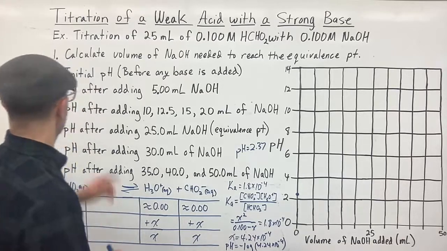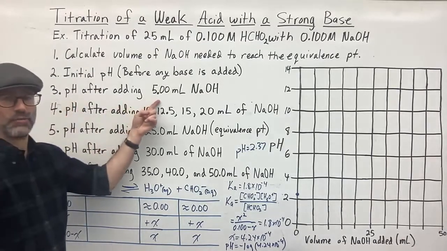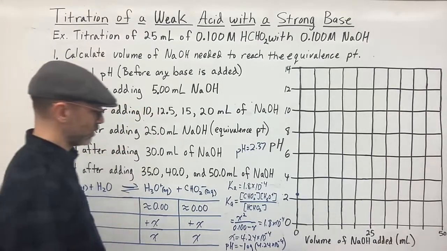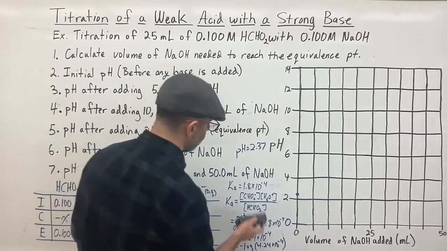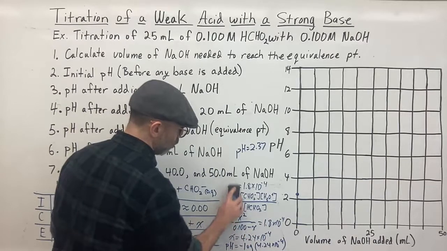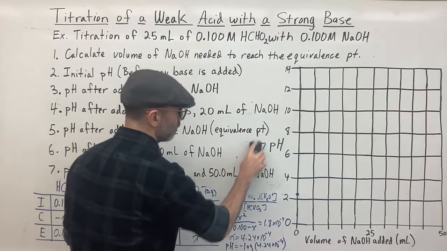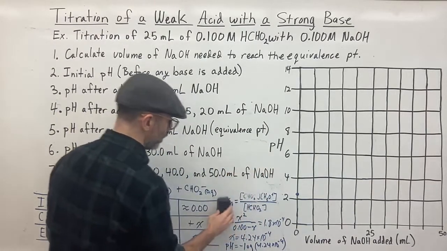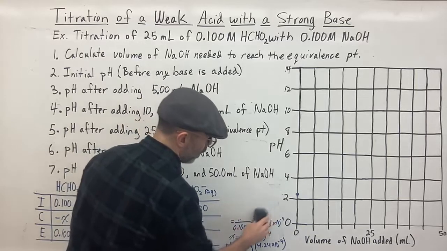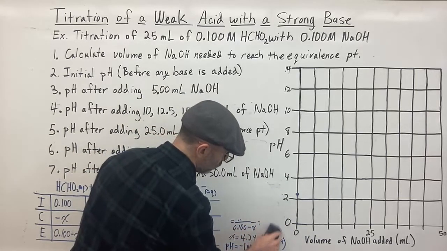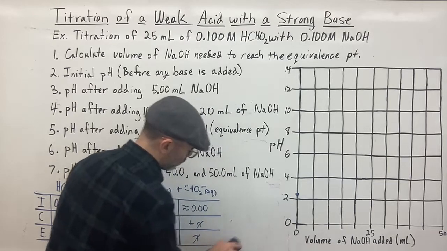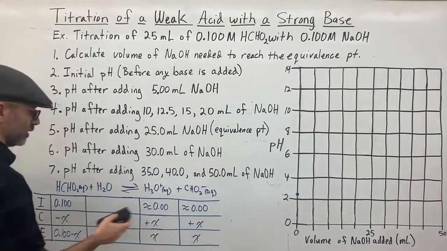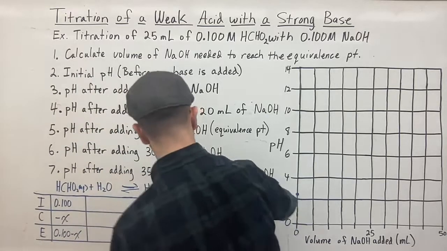Okay, so now what about the pH after adding 5 milliliters of NaOH? So the first thing we want to do is set up a stoichiometry table, because we're adding a strong base, and the strong base is going to react completely with the acid.